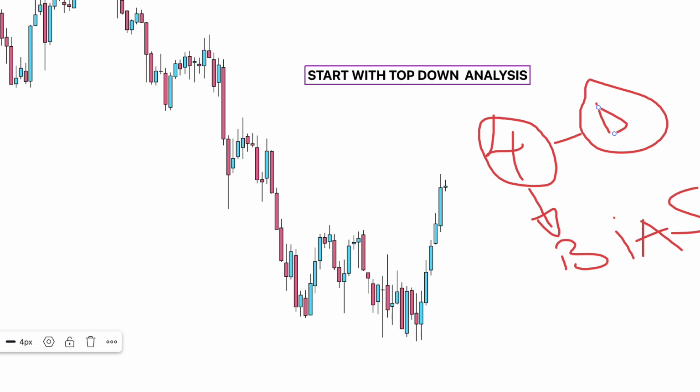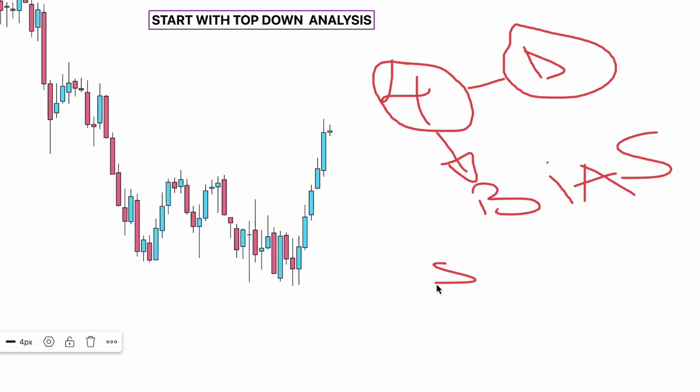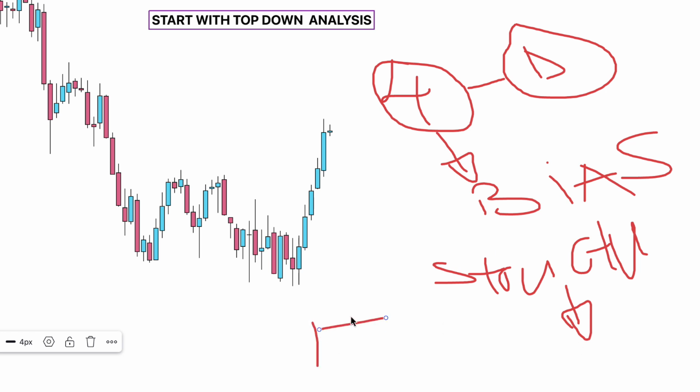Now, if you look at this carefully, you can do both of these on the daily time frame or the higher time frame. You can get your structure on the daily time frame, or you can drop down to the lower time frame, which is specifically best for intraday traders. 15 minutes is the best time frame for intraday traders, not even the 1 hour, because you will be trading within a particular session of the day, and then entry can be done on 5 minutes.